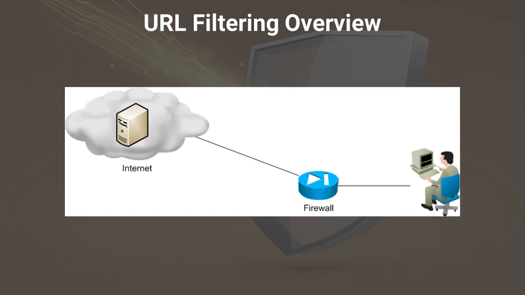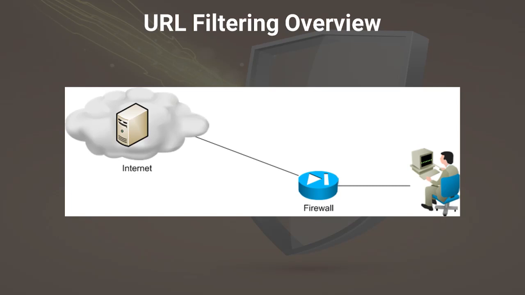So it's not as powerful as application filtering. For example, URL filtering only covers the web traffic, while application filtering covers almost any kind of application, and URL filtering in most cases can be bypassed just by entering the IP address instead of the fully qualified domain name in the URL itself.